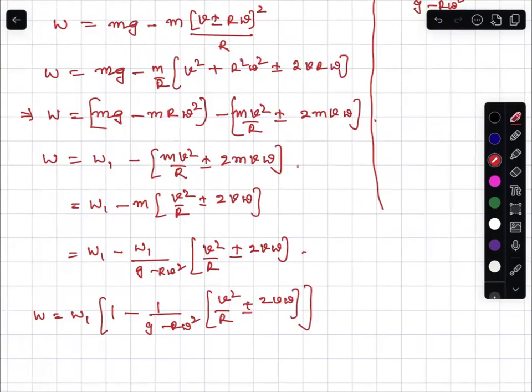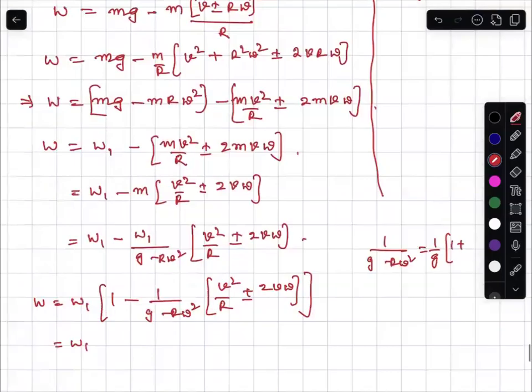Now you go for binomial expansion as best as you can, because r omega square by g is very, very small when compared to 1. This you can write as 1 by g minus r omega square can be written as 1 by g times 1 plus r omega square by g. Agreed?